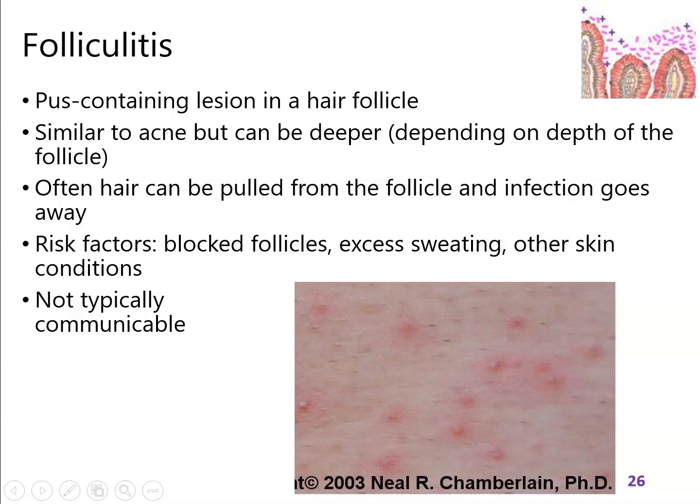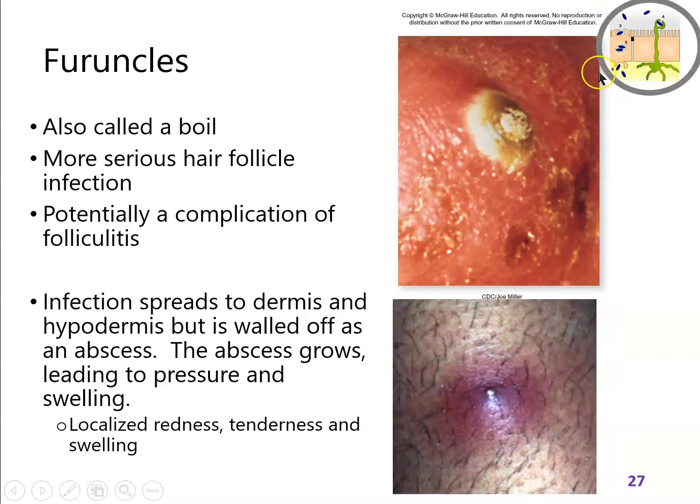What can happen sometimes is bacteria manage to escape from the hair follicle, and that's when we get a boil or furuncle. And this is where I have the invasive symbol surrounded by the circle, because what's going on here is bacteria are escaping into the dermis, and they're being walled off into a small abscess.